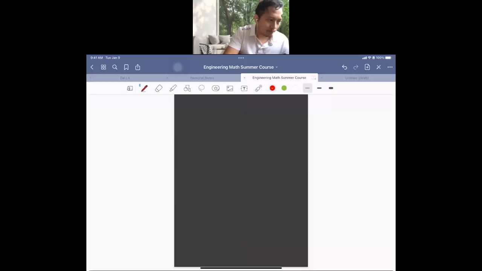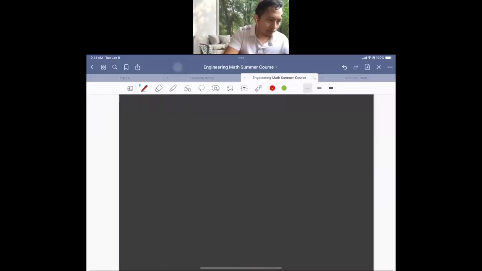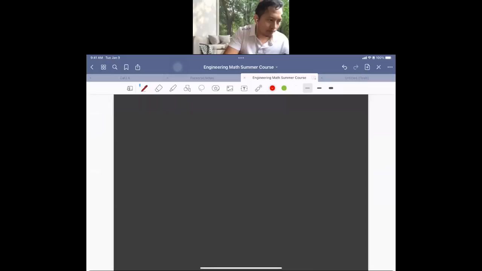So what is matrix? Matrix is a way we can write a system of linear equations or maybe vectors in an array, a horizontal or vertical array.